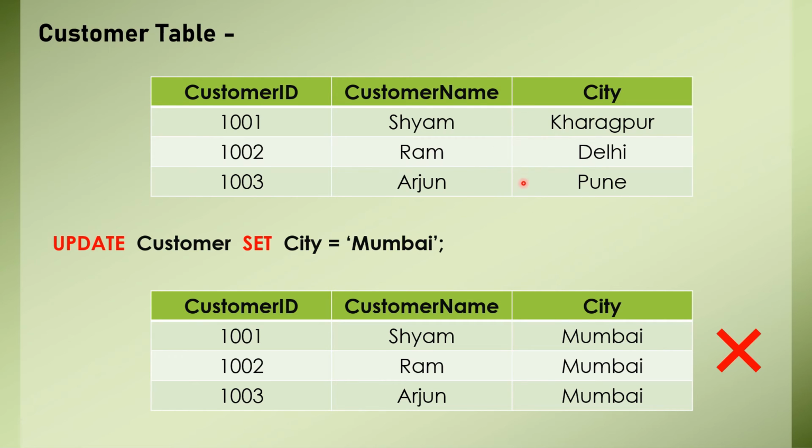This time I have only 3 records for the sake of simplicity, but in real world applications there can be millions of records, because if you are working for a big organization like TCS, CTS or Amazon, then their customer base is very high. So if you write a query like this, you will get into serious legal trouble, because playing with data is not a small thing in organizations.